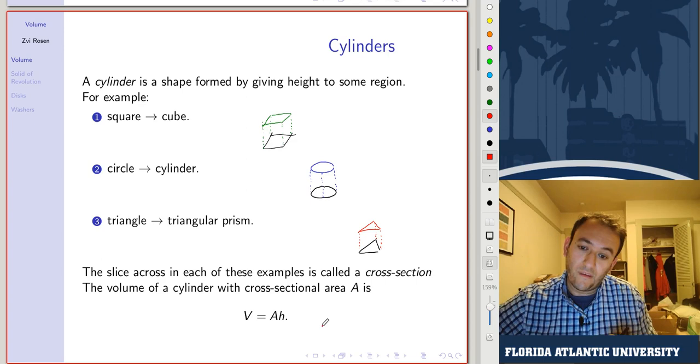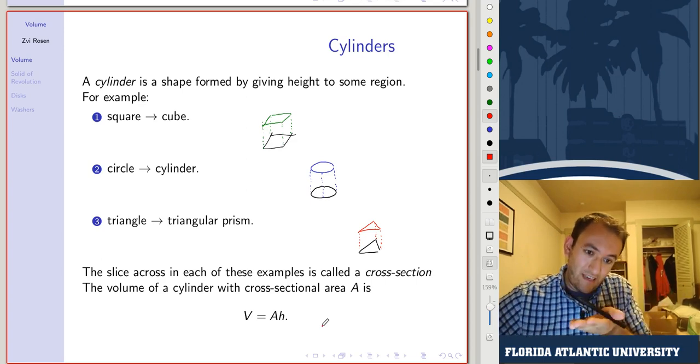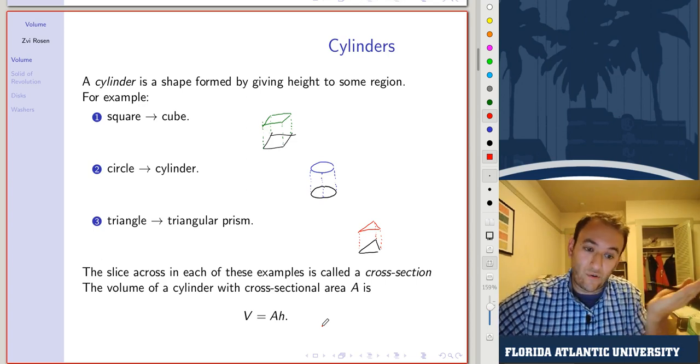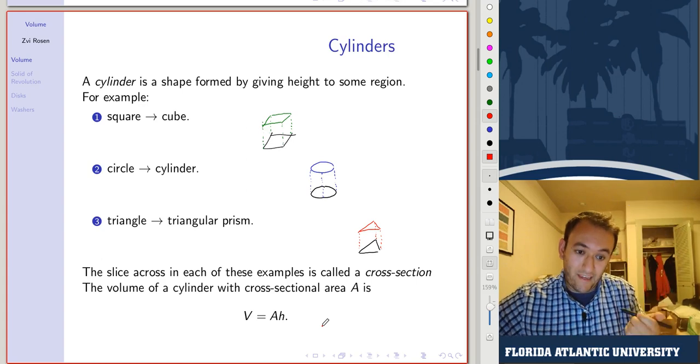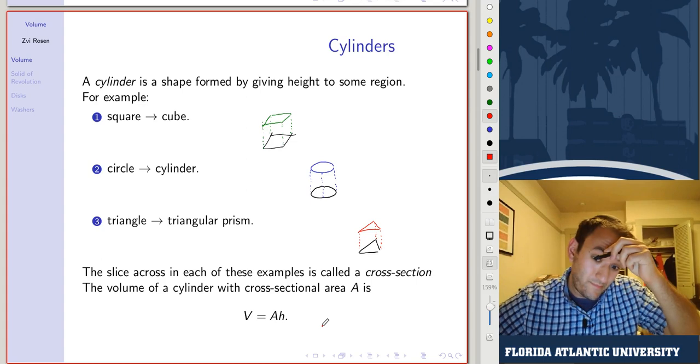Okay. And in each of these examples, we started with something in the plane, and if you notice, if you slice it across anywhere along that height, you're going to get that same shape. So that's called a cross-section.